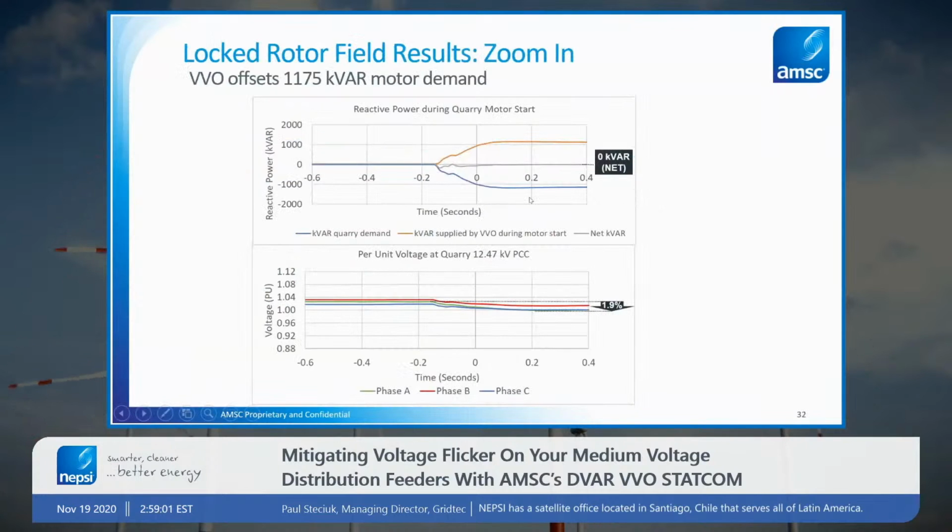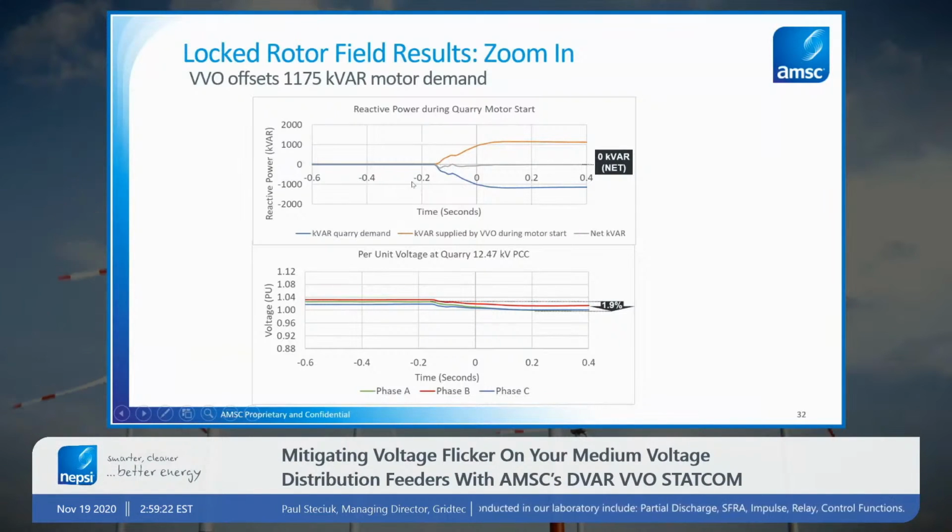This is just showing a zoom to see the dynamic response. The blue is the motor, and the STATCOM is the orange. So you can see that idea of VAR cancellation with the speed of response of the STATCOM, and the gray is the net left over.